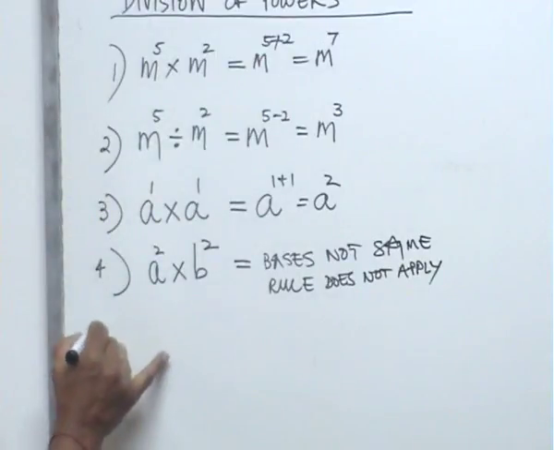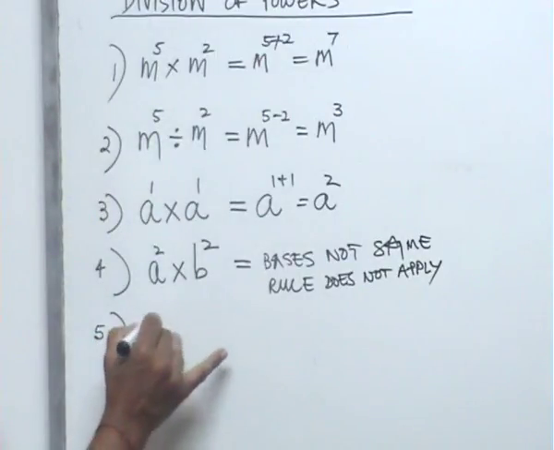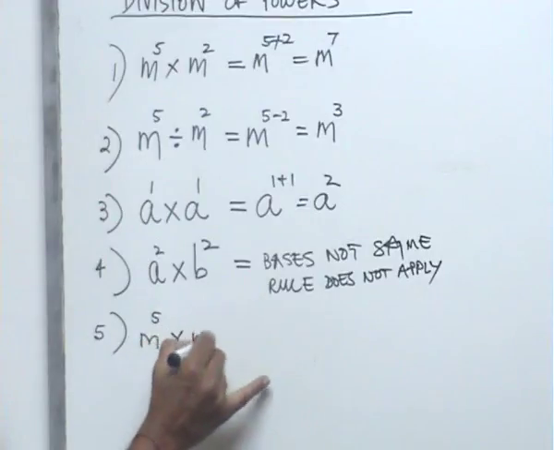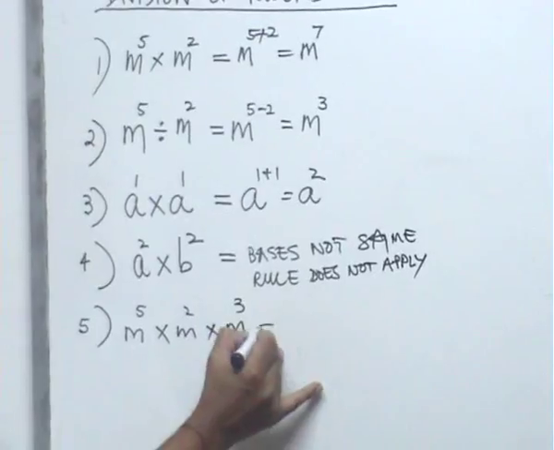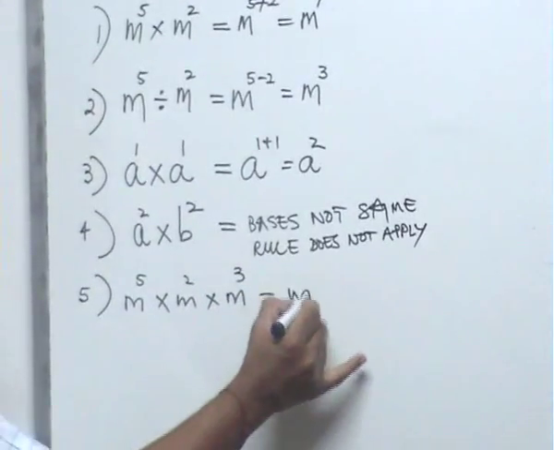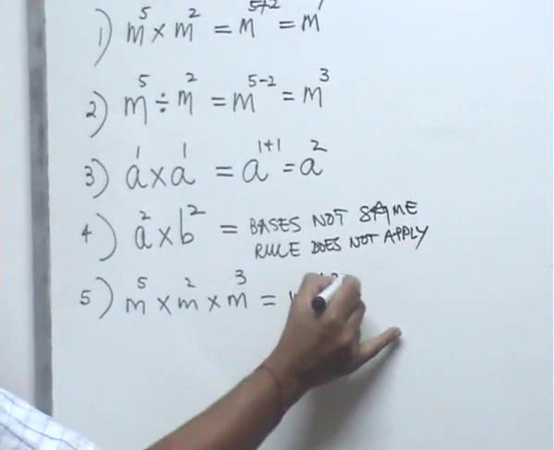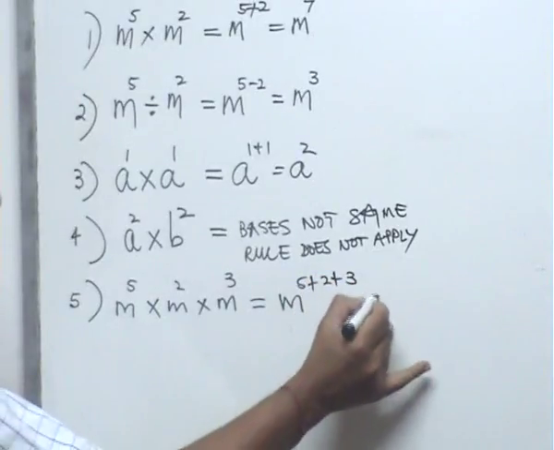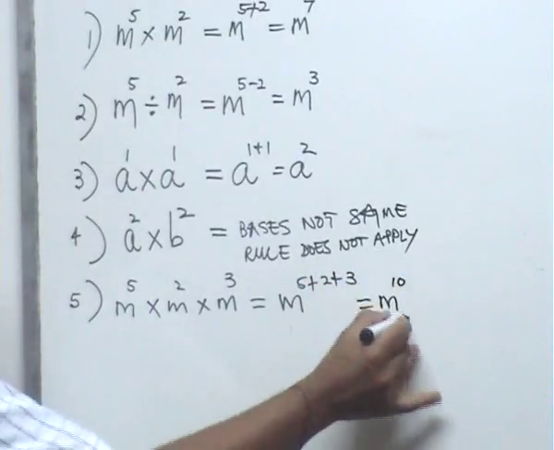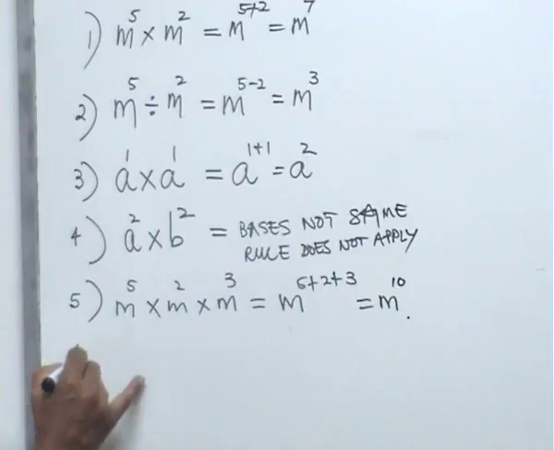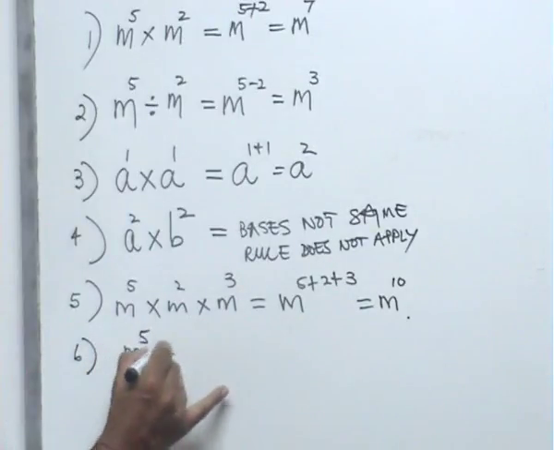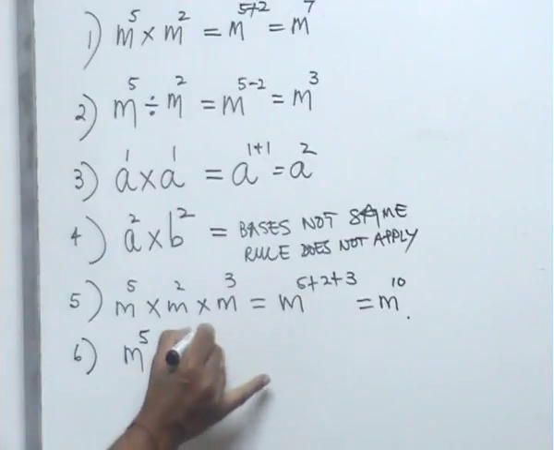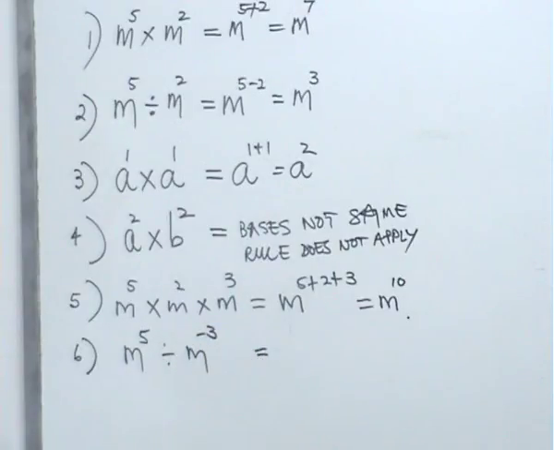Now, let's suppose you have more than 2 bases. m to the 5 times m squared times m cubed. Well, you're just going to add all. So you get m to the 5 plus 2 plus 3, and that's m to the 10. Number 6, m to the 5 divided by m to the minus 3.